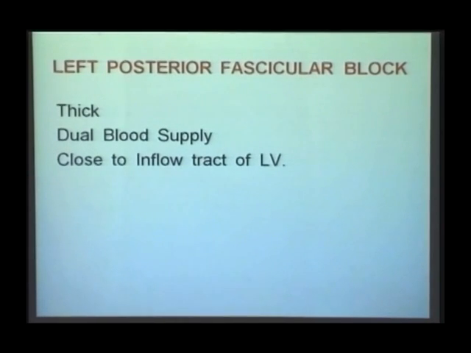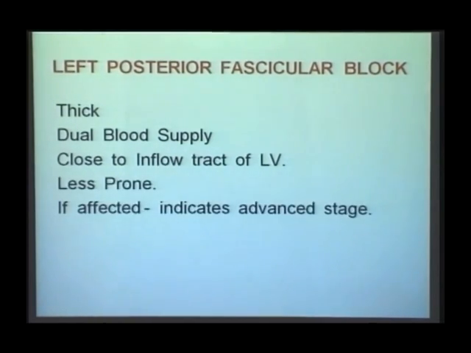And it is related to the inflow tract, which doesn't have very high pressure, because the blood comes from the left atrium to the left ventricle at a very low pressure difference. So it is not related to a greater amount of stress when compared to the left ventricular outflow. So exactly the opposite of the anterior fascicle: it's a thick bundle, with dual blood supply, related to a less stressful area in the heart, and it's less prone to disease.